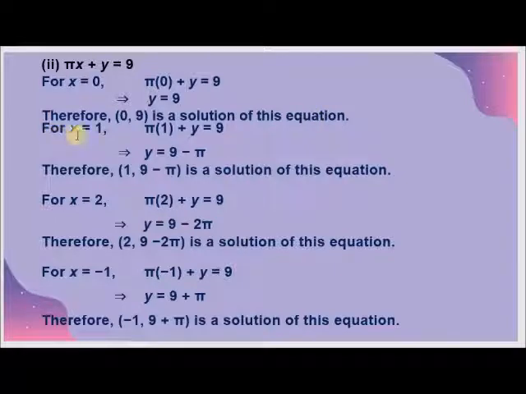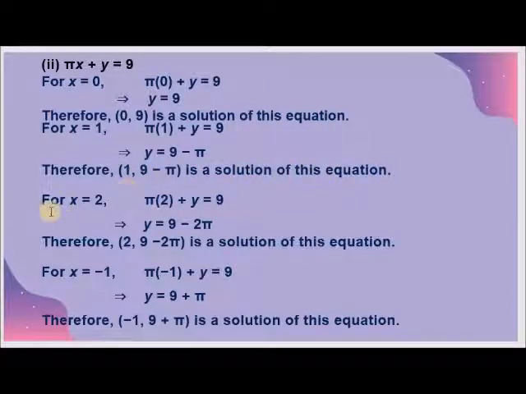Then for x equal to 1, we'll put 1 in place of x. So pi multiplied by 1 plus y is equal to 9. So pi multiplied by 1 is pi only, and when this goes to this side, it becomes negative. So y is equal to 9 minus pi. Therefore, (1, 9 minus pi) is a solution of this equation.